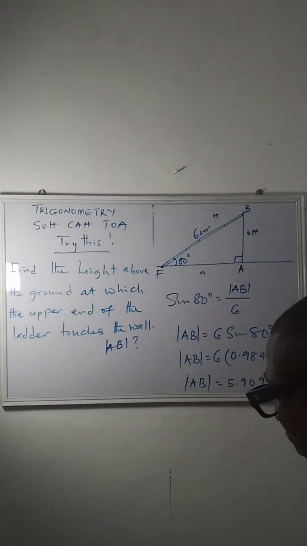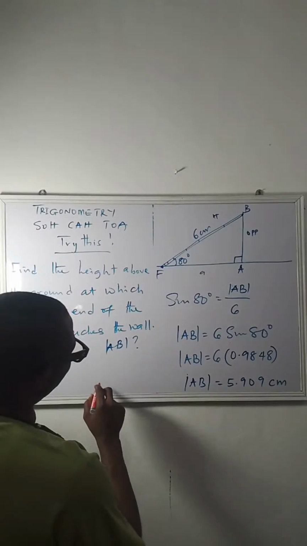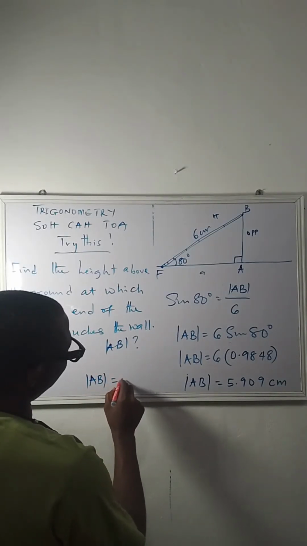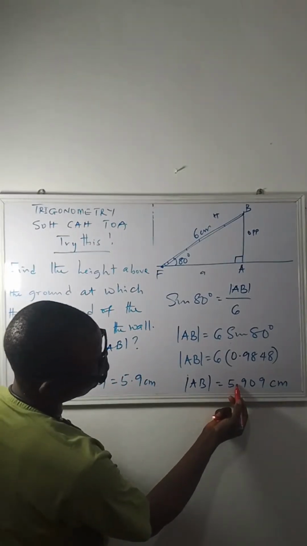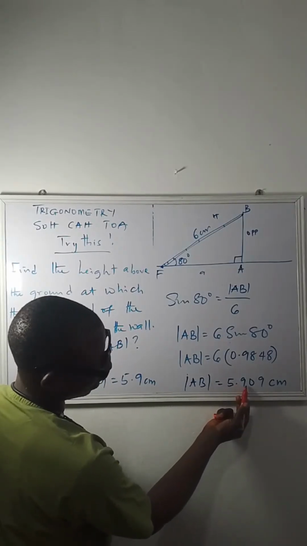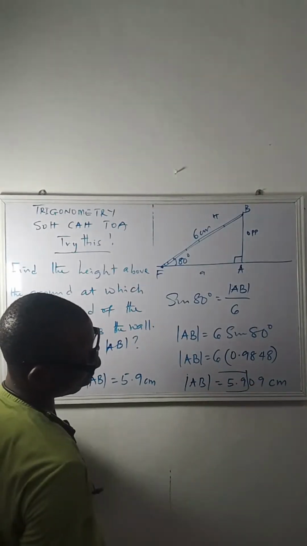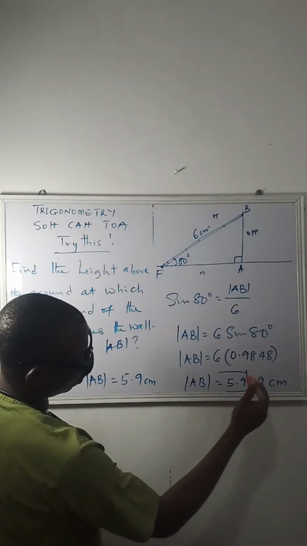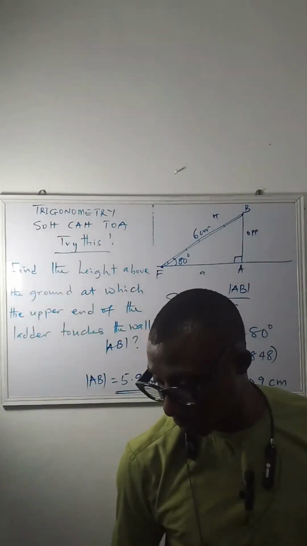So if you correct this to 1dp, the final answer is that AB will be 5.9 centimeter. Immediately after the point, just count the digits, write everything here, and discard what you have at the back. Since this one is not up to 5, you throw them away. So this is the answer to the problem.